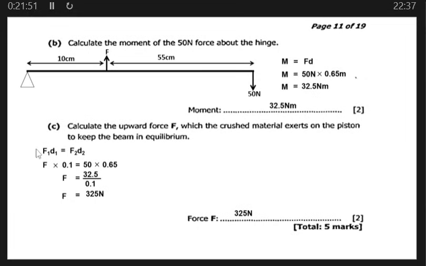So this is where this formula comes from. This is F and the distance, which will cause it to go in the anti-clockwise direction, and then the force here times the distance here is the moment which will cause it to go in the clockwise direction. Now if it is not moving, it means these two things are actually equal.